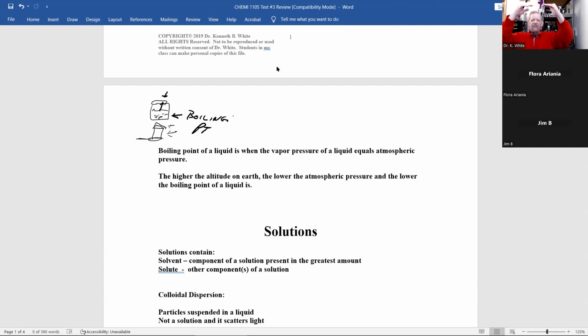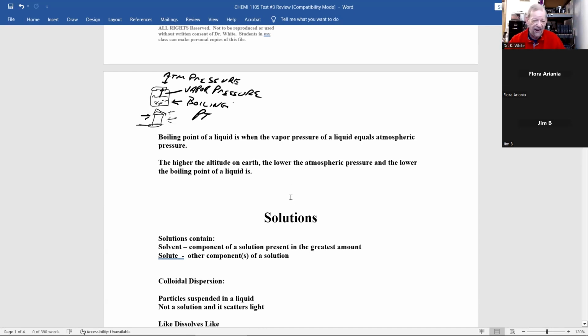And as you go up in altitude, the atmospheric pressure goes down, so you need less heat to get the vapor pressure of the boiling water equal to the atmospheric pressure, because it's lower. And that's why the boiling point goes down when you go to a higher altitude, which I have here.